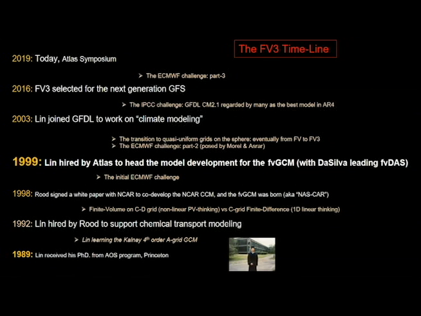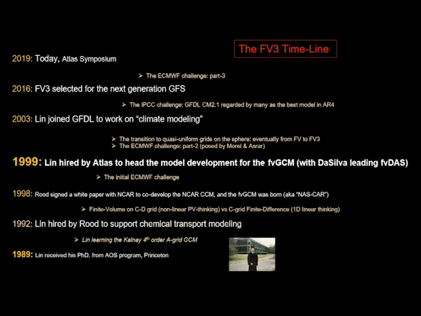So this is basically what I call the every-ten-years timeline. In the middle, this is the time that Bob hired me as a federal employee, 1999. It happened about every 10 years. So in 1989, almost exactly 30 years ago, I got my PhD from the GFDL program, and I stood in front of my current office right there.